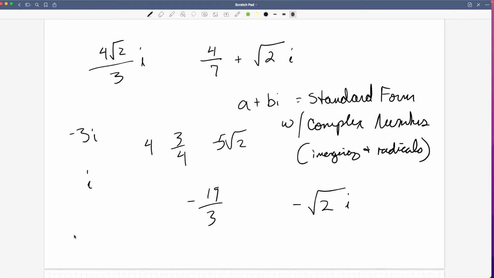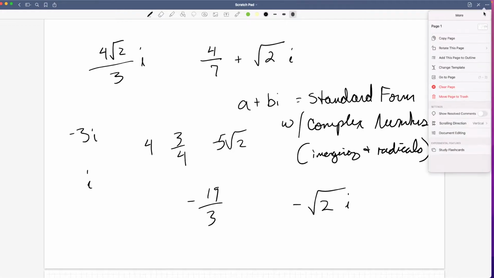So if b is 0, we have these left. If a is 0, we have these left. That's really all that part of it is saying, and that's just a review of what standard form is.